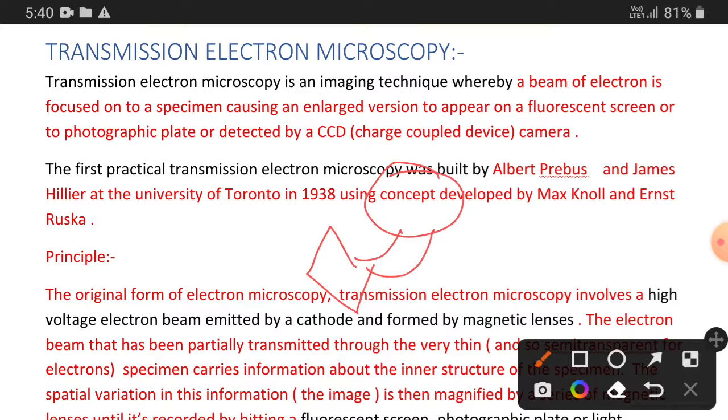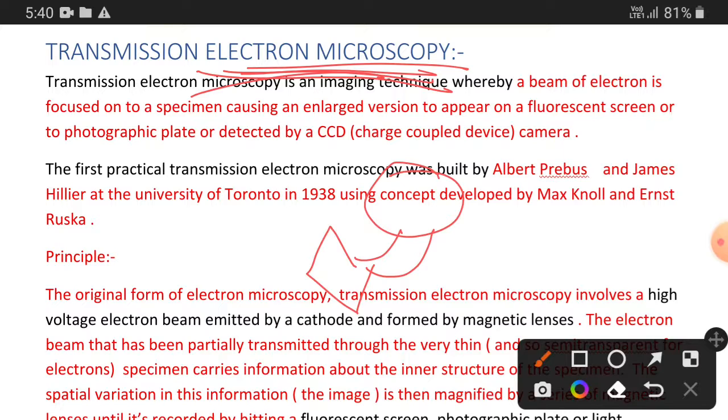The concept developed by Max Knoll and Ernest Ruska is what I explained in the principle of electron microscopy lecture, where I told you why electron is used for providing better resolution, and why we developed another group of microscopies known as electron microscopy, just for getting a good resolution. That is the idea, right?